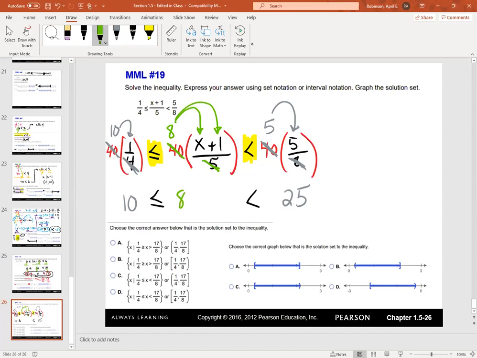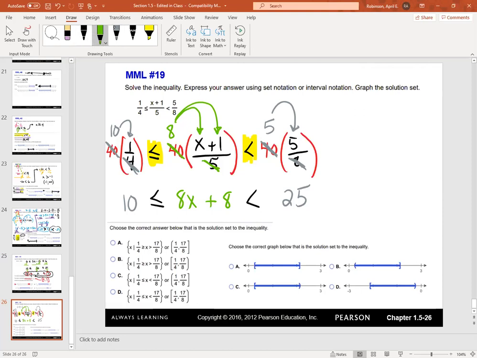8 times x is 8x. 8 times 1 is 8. And now it looks very similar to, you know, the last one I did. So I'm now going to subtract 8 from both sides, and then subtract 8 from all 3 sections, and then divide by 8 in all 3 sections.